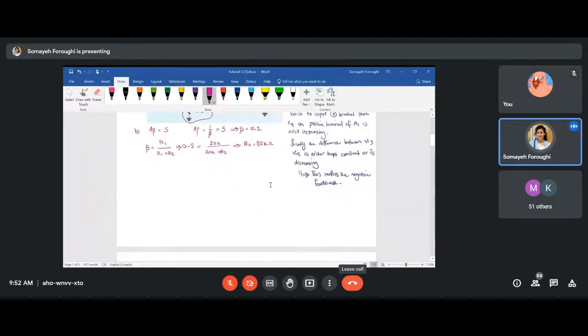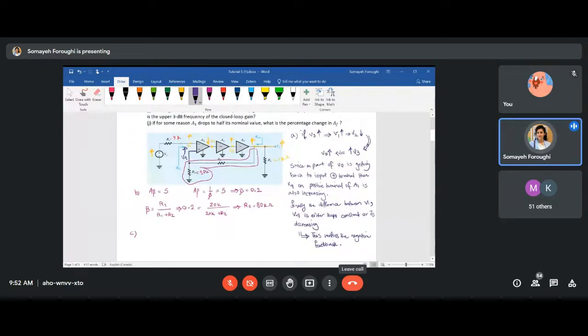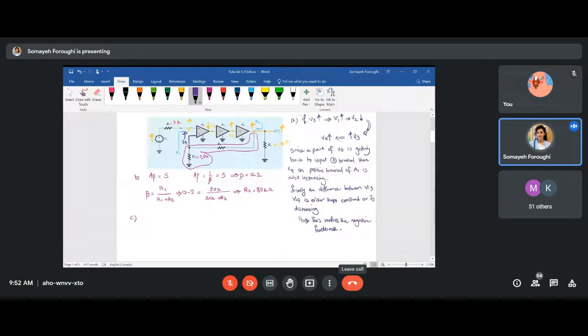So let me show it here. Since I don't have it on a large screen, I can't scroll up very much, but I try my best. So let's replace every amplifier with an input resistance, a gain, and output resistance.